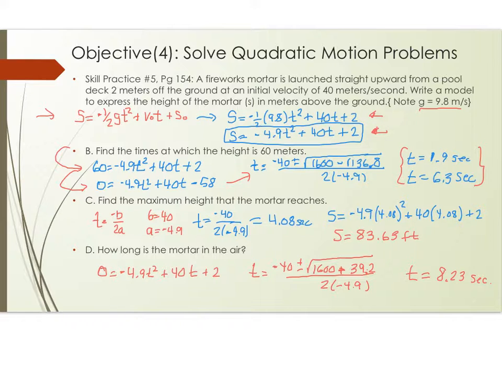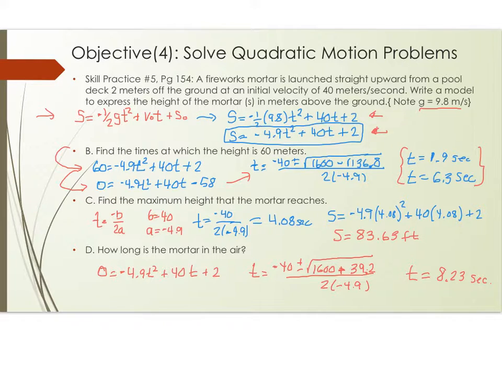As you can see from the quadratic formula, t is equal to negative 40 plus or minus the square root of 1600, which is the square of 40, minus 1136.8, divided by 2 times negative 4.9. And so our estimate for t at a height of 60 meters is at 1.9 seconds and at 6.3 seconds.